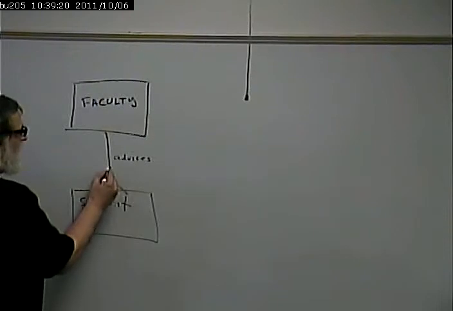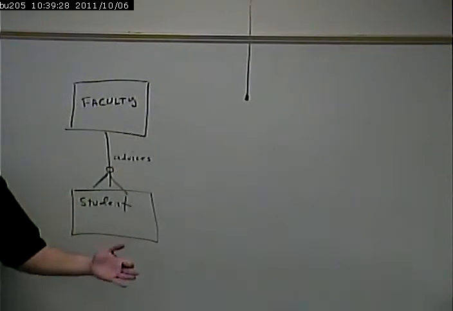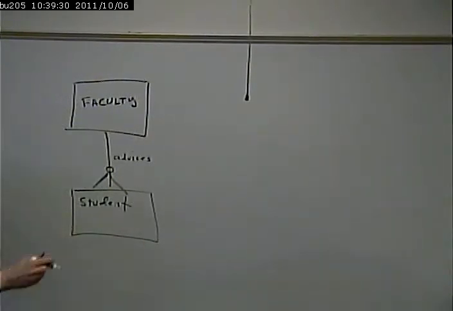Then there's all kinds of other symbols you can throw in. An O or 0, either way, means that that relationship is optional. In other words, there may be faculty members that don't advise anyone. This symbol would indicate that it's mandatory for a student to have a faculty advisor, that they can't have no faculty advisor, that they have to have someone as their advisor.